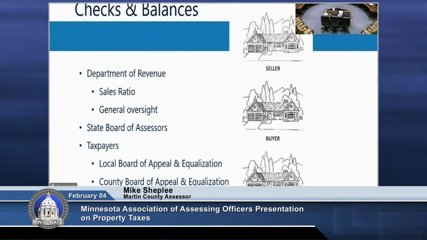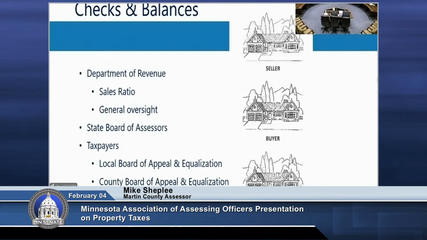Checks and balances. You may have seen a different version of this comparison where each party has their own opinion of that home's value. But this version represents our goal as assessors to bring uniformity, conformity, and understanding to the valuation process. Assessors are not alone in this process. We are held tightly to sales ratio constraints requiring measurements of median at 90% to 105%, as well as measures of equity and uniformity.